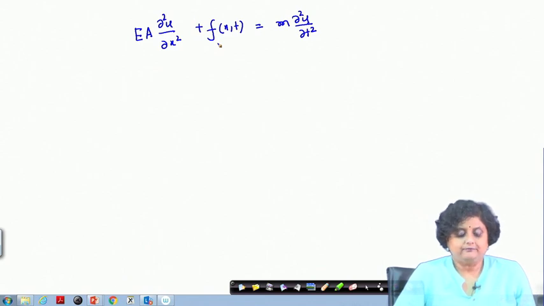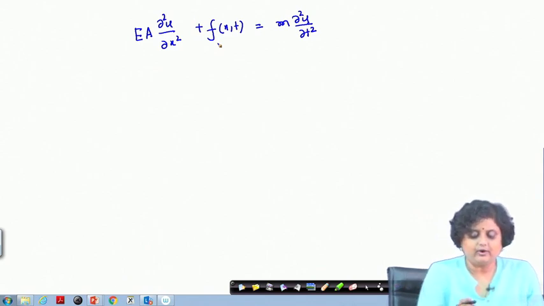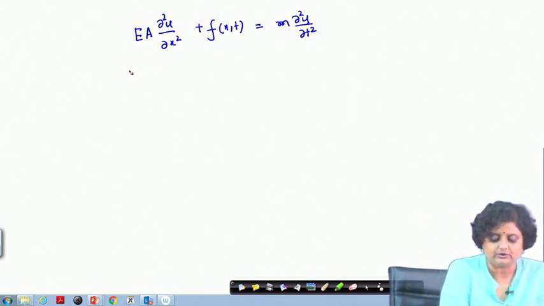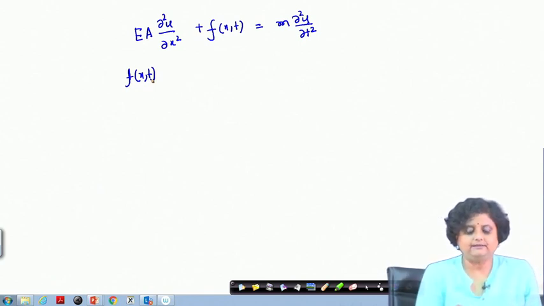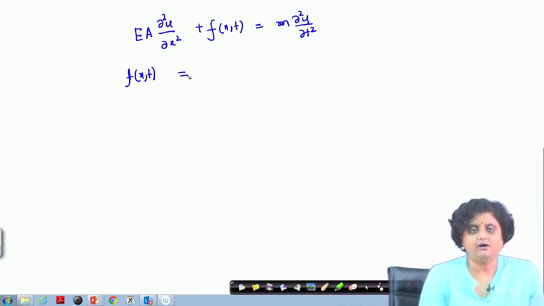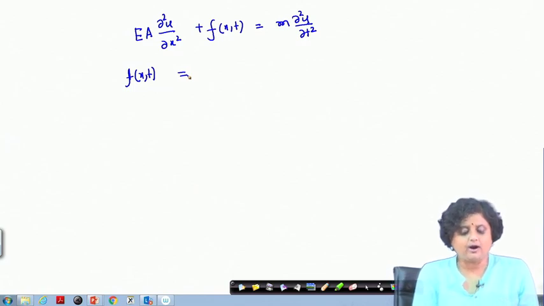That would be the first question. In this equation of motion, F(x,t) is a force that is acting only at the midpoint of the bar or the missile. How are we going to represent this kind of force in a mathematical form?